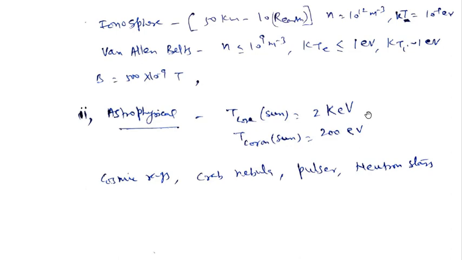The solar corona is a tenuous plasma with temperatures up to 200 electron volt. The interstellar medium contains ionized hydrogen with number density 10 to the power 6 per meter cube.